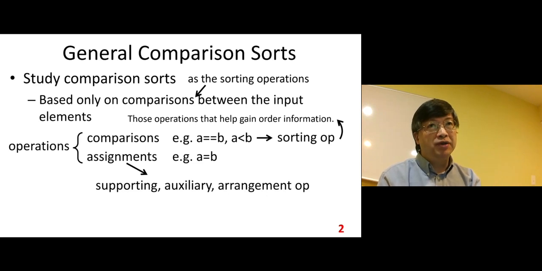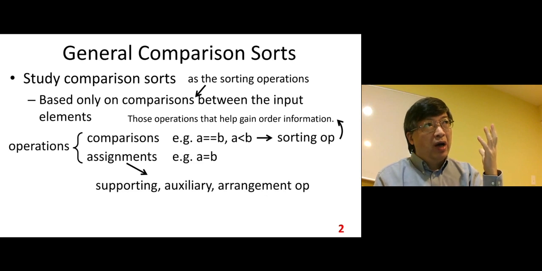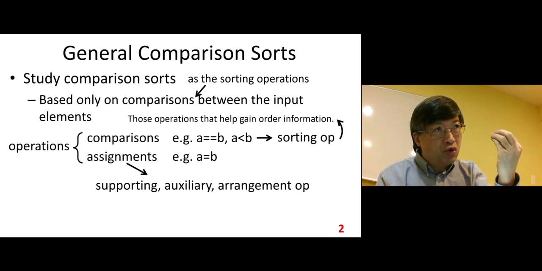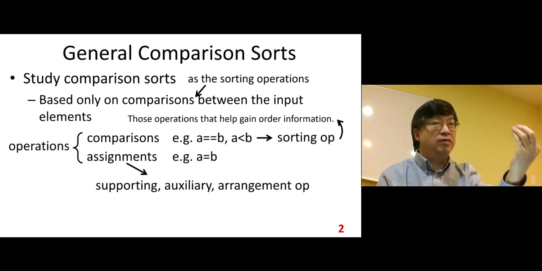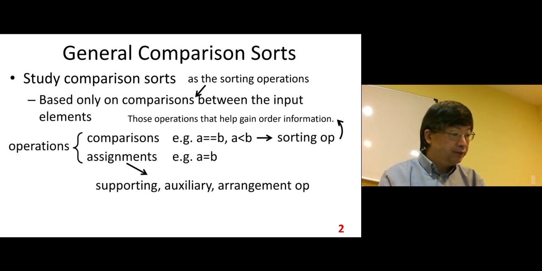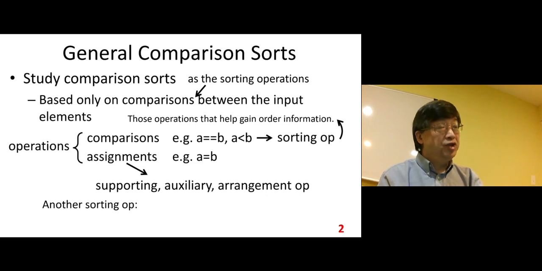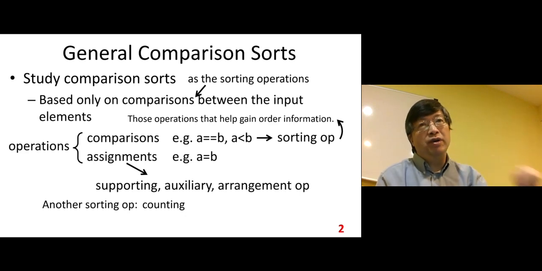So that's why when we define our sorts, we base them on this sorting operation, the comparison sorting operation. There is another sorting operation we used before, counting. For integer data, counting can also be used as the sorting operation.